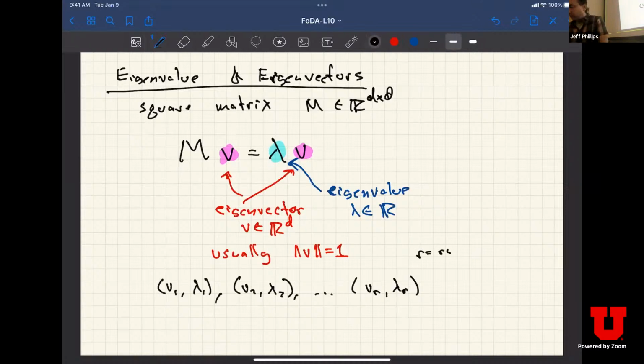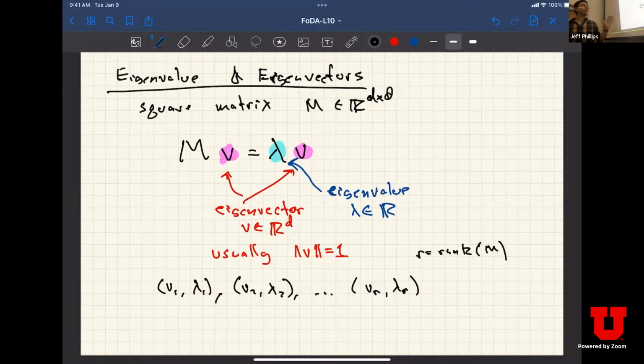R is equal to the rank of M. You can define these for larger values of the rank, but then the lambdas are going to be 0, and they're not totally specified. If it's full rank, then R is equal to D, and we're usually going to be concerned with square matrices which are full rank. All right. So I can have up to D of these eigenvalue and vector pairs.